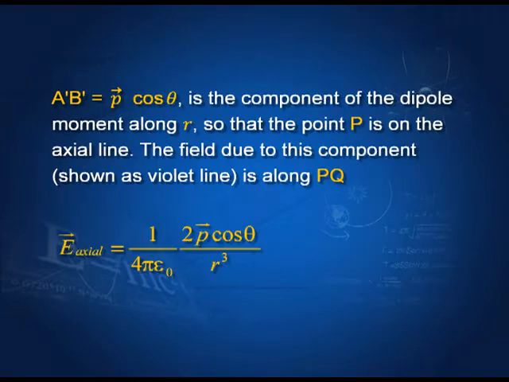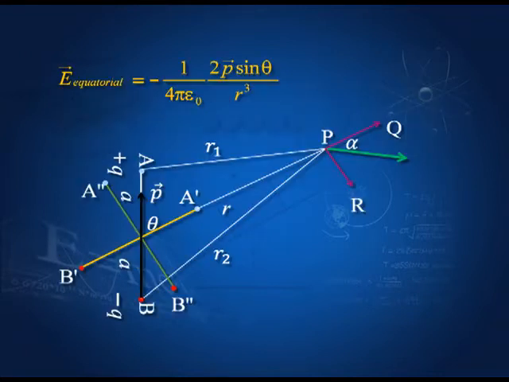Therefore, E axial is 1 by 4 pi epsilon 0 into 2p cos theta by r cubed, because cos theta was the component. This component is cos theta times the moment of the actual dipole, and on the equatorial line it is minus 1 by 4 pi epsilon 0 p by r cubed into sin theta, because this component is sin theta of the original dipole.